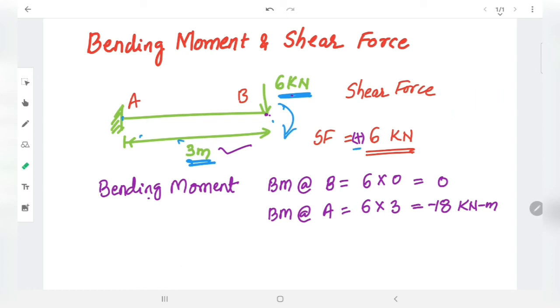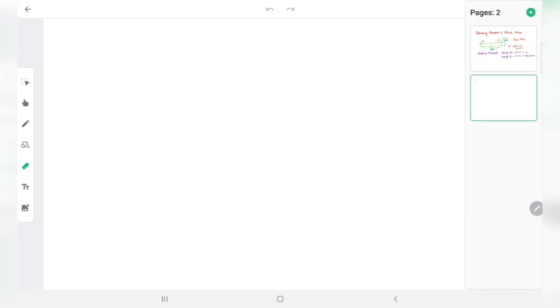Next you need to draw the bending moment and shear force diagram for a cantilever beam subjected to a point load. Here I will draw once again. Meter.